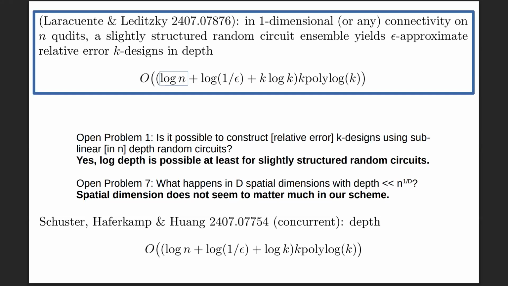We both ended up resolving this concurrently and showing that given a slightly structured circuit ensemble, so not just any old random circuit ensemble, but a random circuit that we've configured in a particular way that is still defined on this limited architecture with one-dimensional nearest neighbor connectivity, you can get an epsilon-approximate relative error K design in depth log n plus log 1 over epsilon, and then with some K factors.